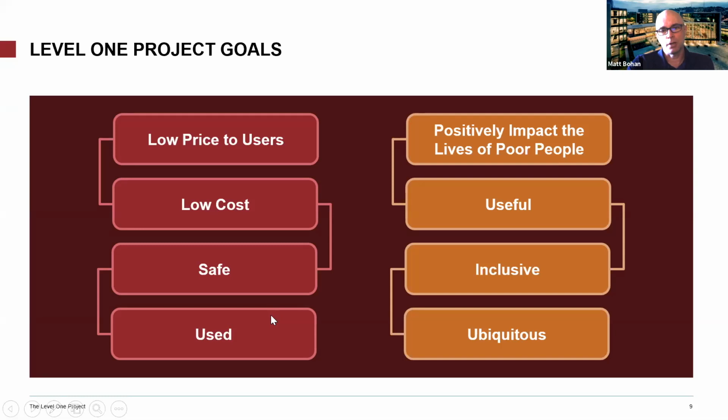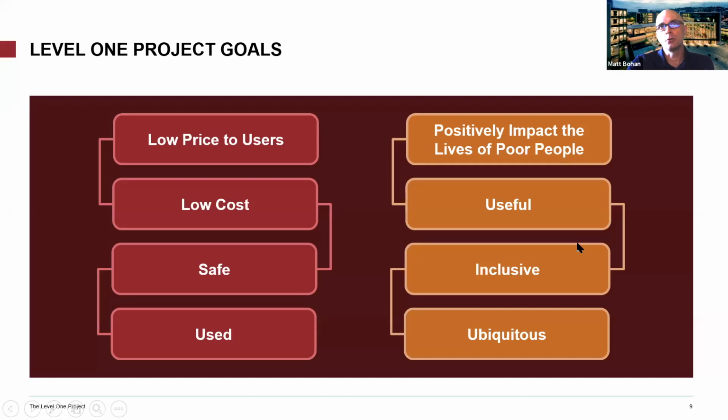So as we talked about, the scale of the system has to be fairly large, and usage has to be fairly high in order to spread that cost of the system across many users and lots of usage. And to positively impact the lives of poor people, the system has to be useful for them. It has to do things that they otherwise want to do and bring those costs down to do so.